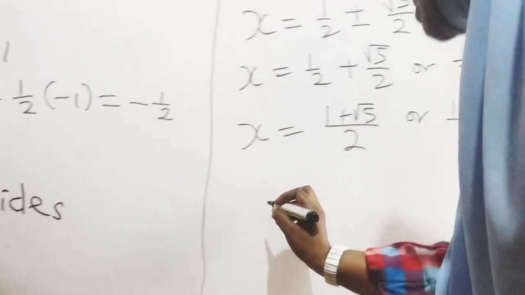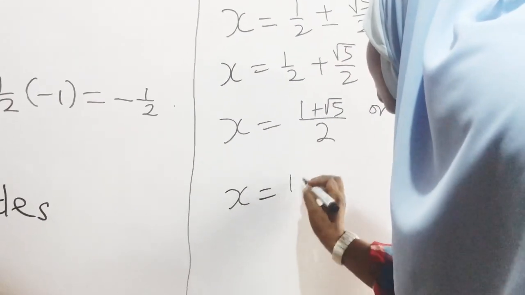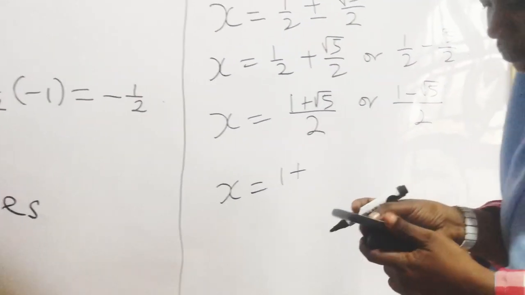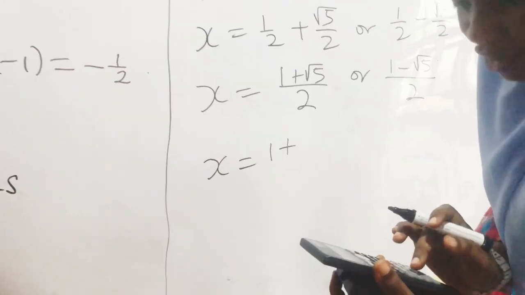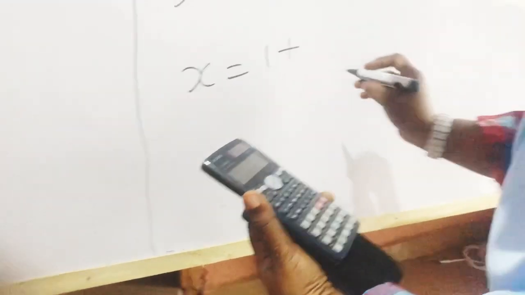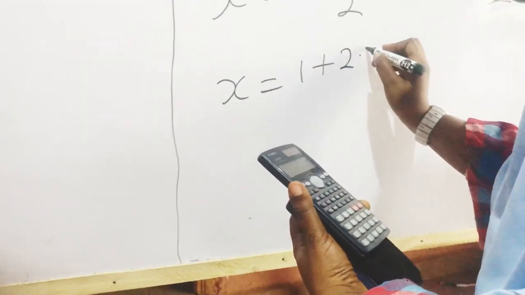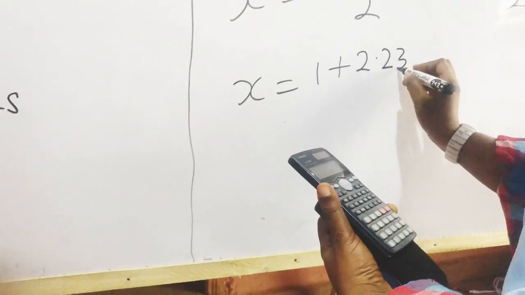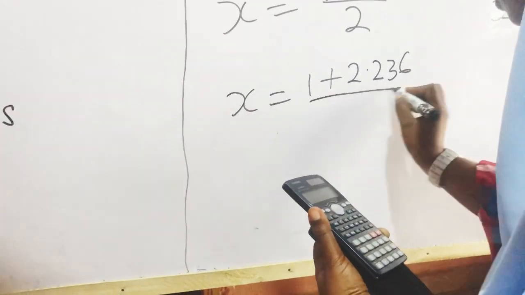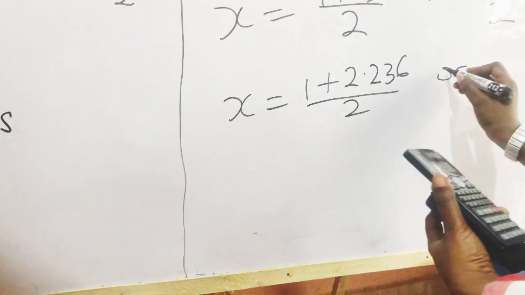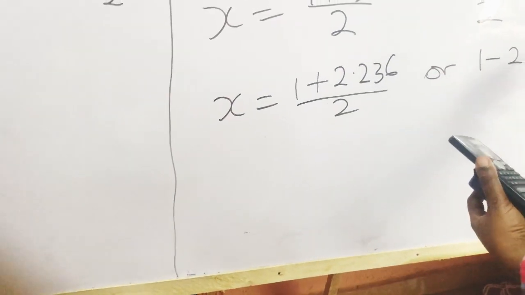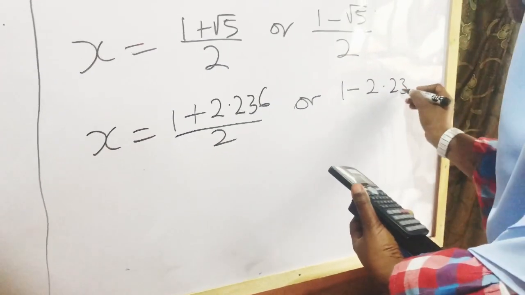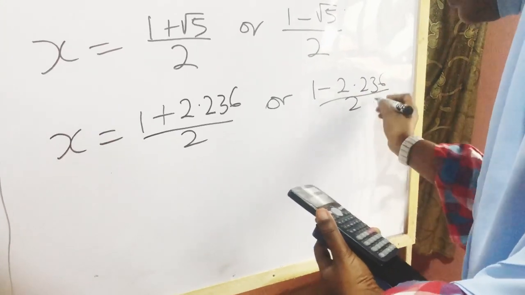So let's press the calculator. What is root 5? Root 5 is equal to 2.236.